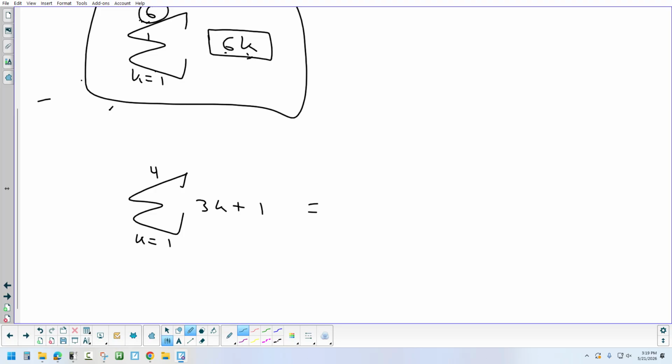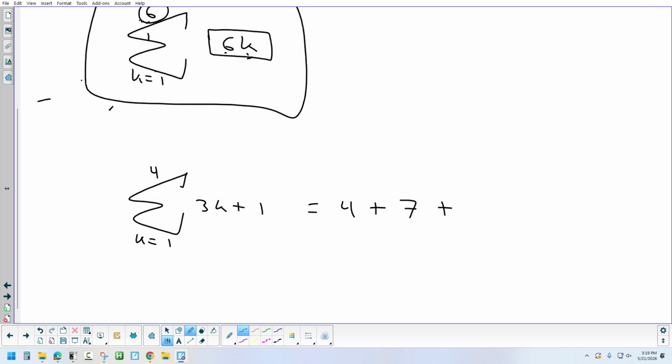And we plug it in, write it down. So 3 times 1 is 3. 3 plus 1 gives me 4. And then what's the next number you plug in for k? Yep, 2. And what do you get if you plug in 2 for k? 7. Okay, we need to keep going until we get to the top number.